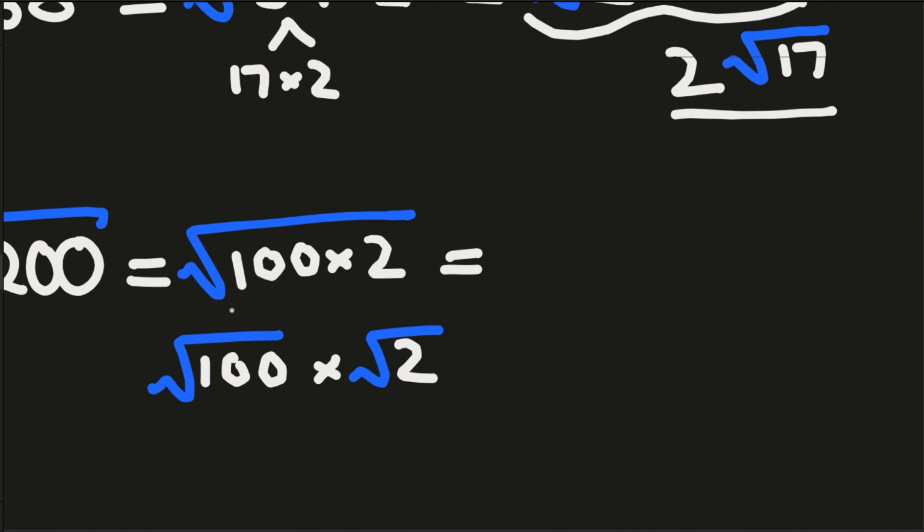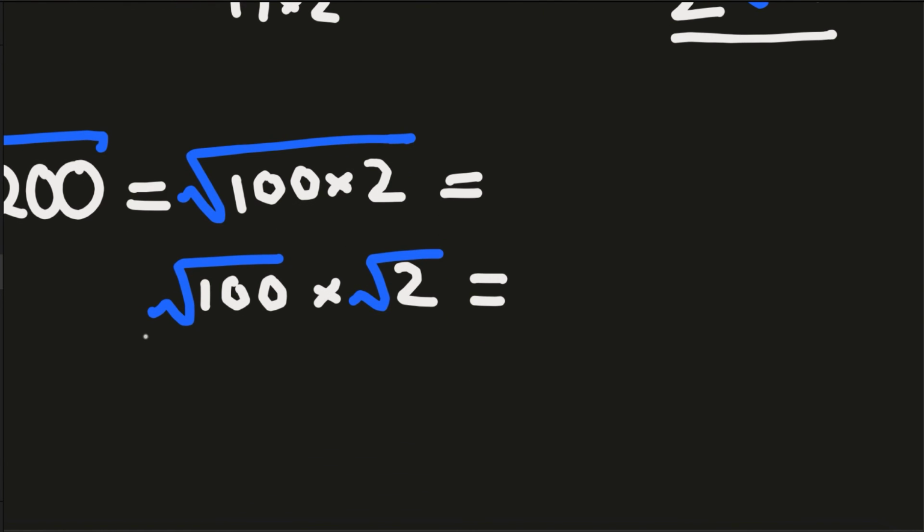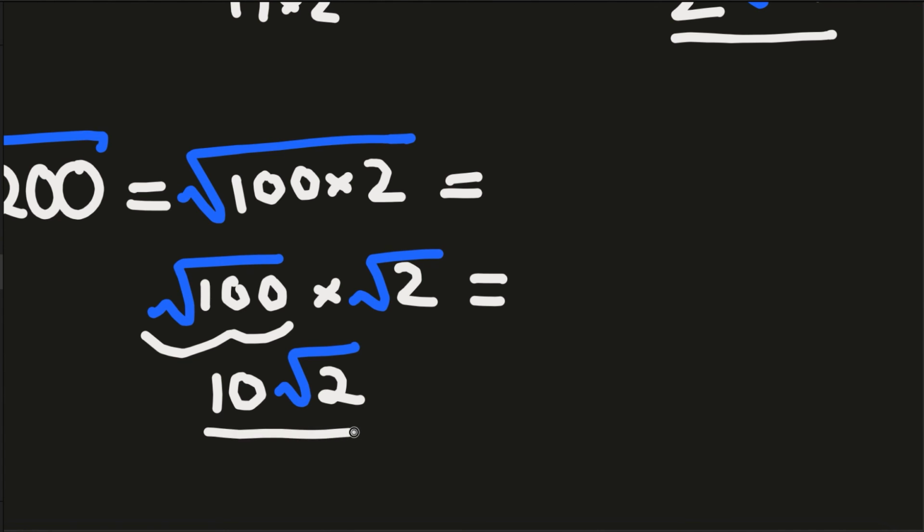This is true because we simply broke down the original expression into two square roots. We know that the square root of 100 is 10, as it is a perfect square, and we know that the square root of 2 is an imperfect square, so the answer must be 10 times the square root of 2.